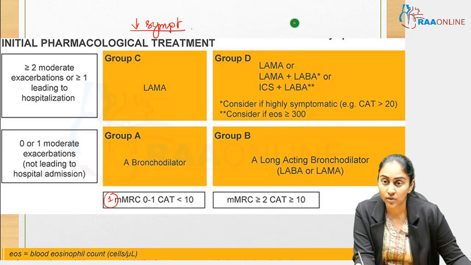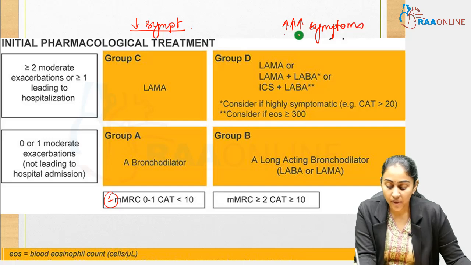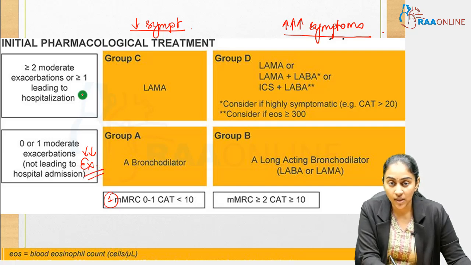Groups B and D are going to have significant symptoms and significant restriction of activities. Now, groups A and B, remember, are going to have very few exacerbations, whereas groups C and D are going to have a lot of exacerbations.